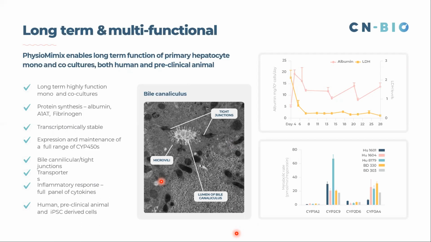So for example, liver proteins that are produced, these are very consistently produced throughout the cultures. We can do a variety of microscopy to look at the way in which the cells form. And from a metabolic perspective, we see very high metabolic activity, looking at a wide variety of enzymes. The system is also very transcriptionally stable, and we see gene expression patterns consistently produced by the cells throughout the course of an experiment.